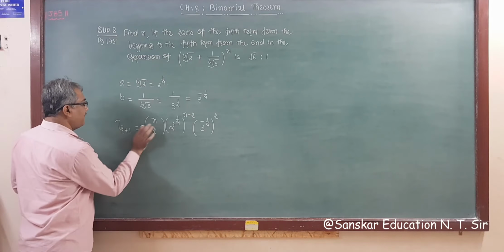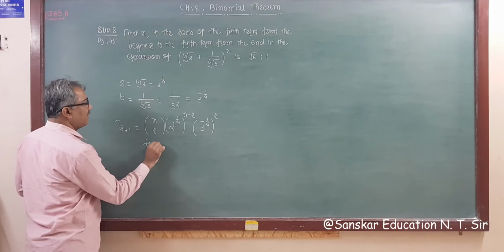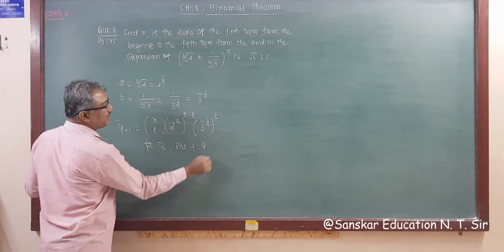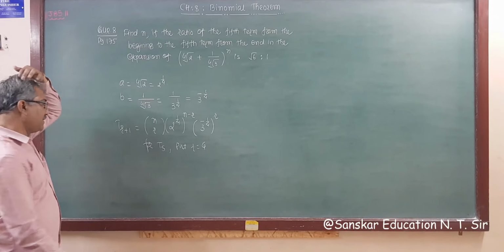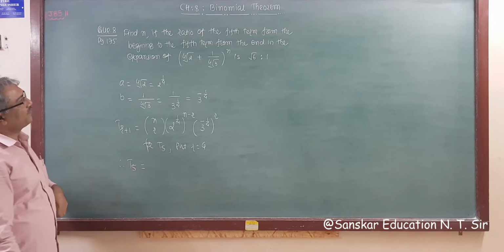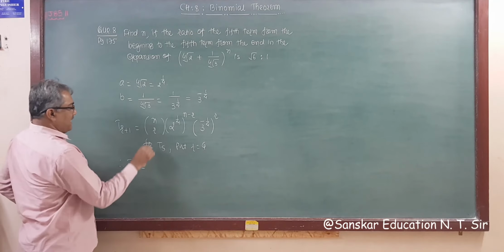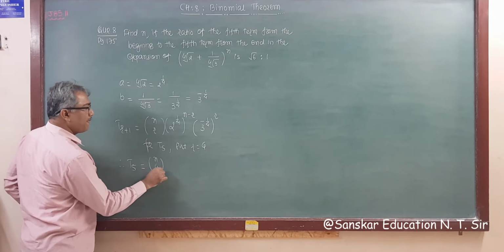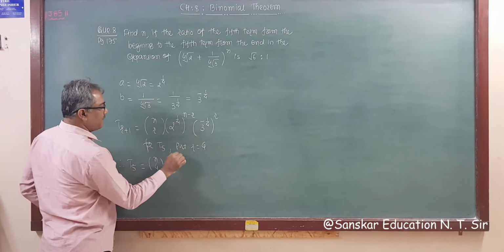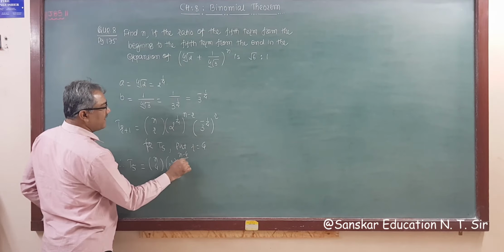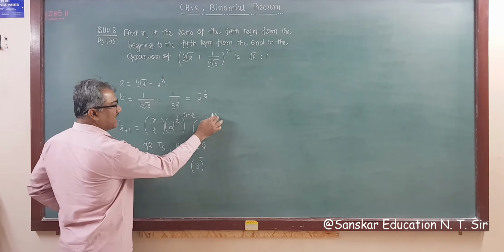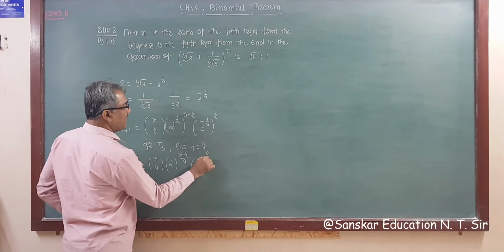So for T5, put r equal to 4. Then T5 is equal to nC4, 2 raised to (n minus 4) by 4, and 3 raised to minus 4 by 4.